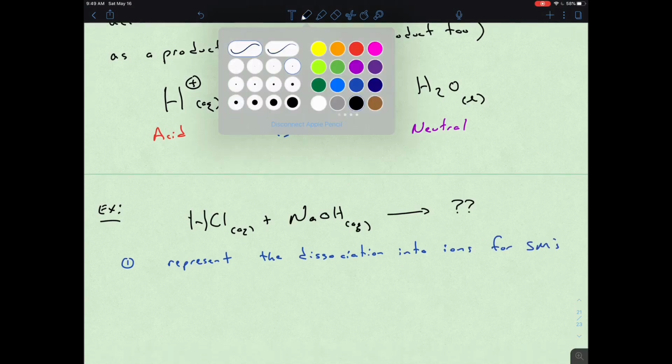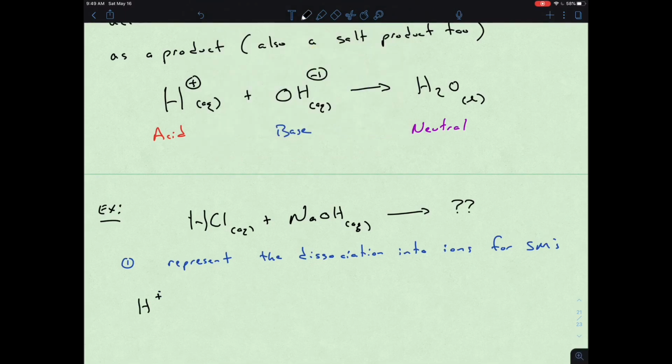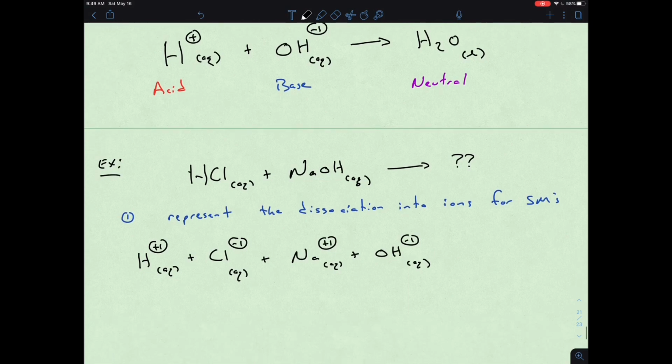So if we look, for the hydrochloric acid, we would have H plus and Cl minus, both aqueous. For the sodium hydroxide, we would have sodium plus 1 and OH minus 1. And so those are our ions.